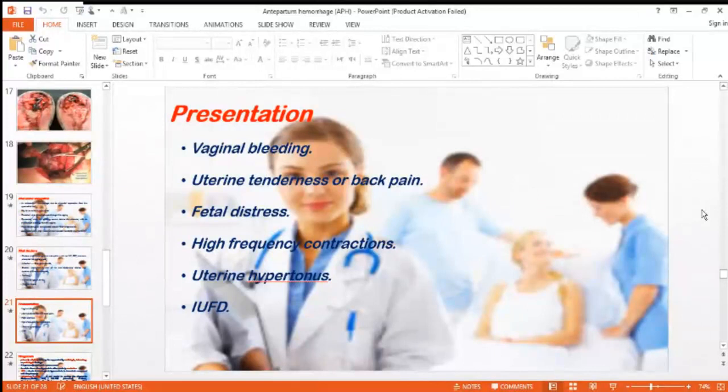During examination when we assess the fetus we يعني elicit a fetal distress مثل ما قلنا بالبلاسنتا بريفيا deterioration of the mother is يعني before the deterioration of the fetus لأن bleeding from maternal side. فلذلك البيشنت enter in shock state prior to يعني affect the fetus, while in placental abruption bleeding from the placental side لذلك البيبي will affected prior to the effect of the mother. لذلك راح نلقى fetal distress even if the patient came walking on her legs يعني on her foot.